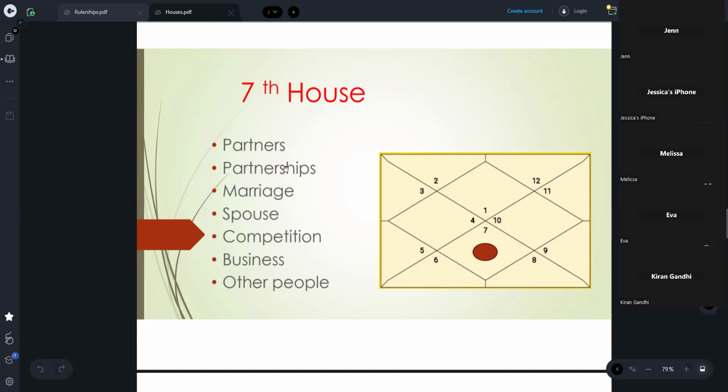And marriage is a form of a partnership. Someone asks you what kind of a husband or a wife can I expect? This sign, combined with what planets are sitting in this sign and what other planets are looking at this house, is going to tell you what kind of a partner you can expect.